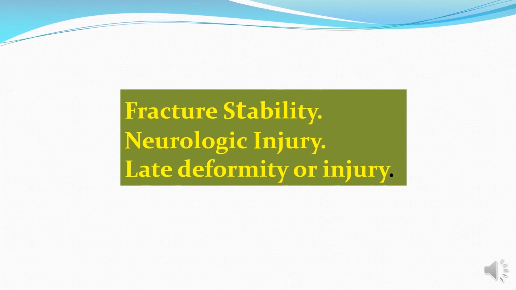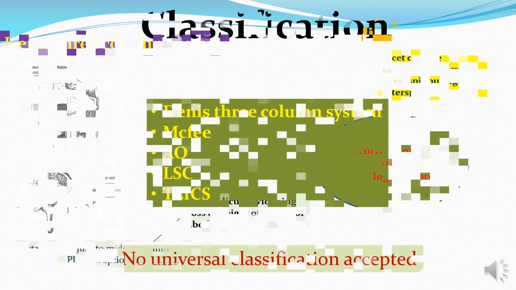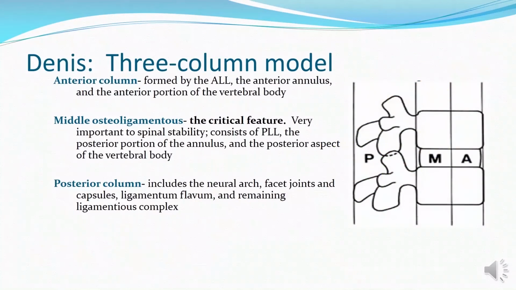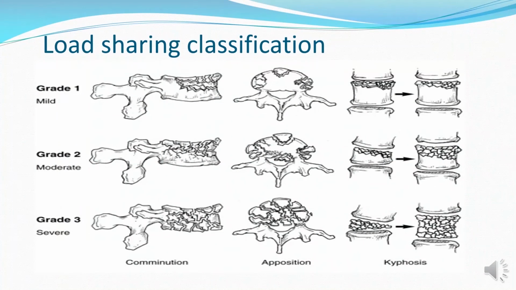Three classifications address fracture stability, neurological injury, and late deformity. The three-column system doesn't address, and the load sharing classification doesn't address, the neurological status, while the TLICS system does. The posterior ligamentous complex is formed of the ligamentum flavum, interspinous ligaments, supraspinous ligaments, and the posterior facet capsule.